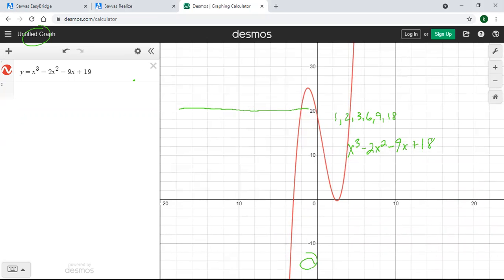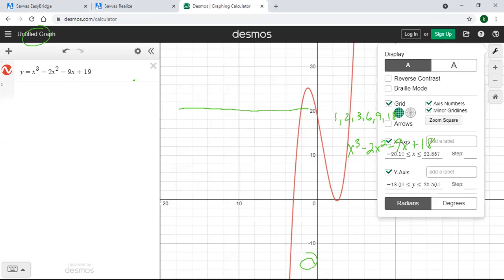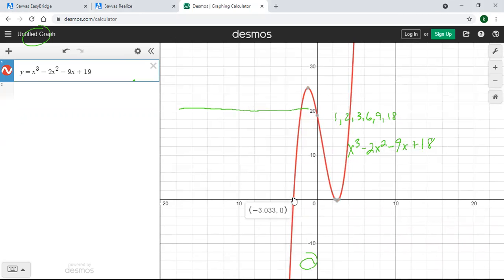If we do that, and we look at these points right here, we see that those two are kind of weird, and this one as well. X cubed minus 2x squared minus 9x.